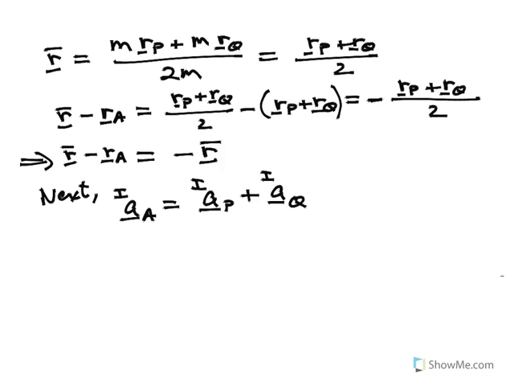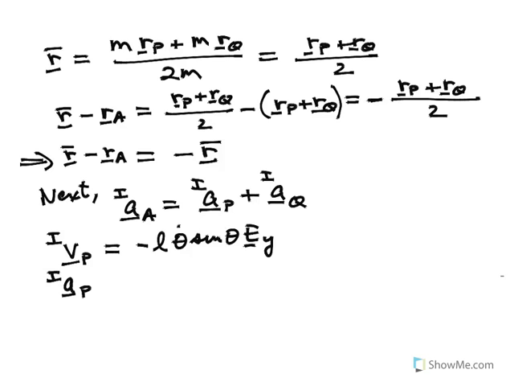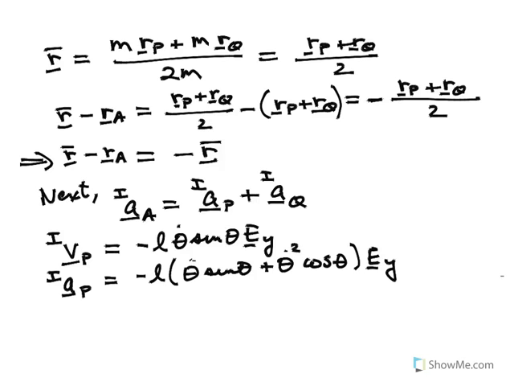The velocity of P in I is equal to minus L theta dot sine theta times Ey. And the acceleration of P in I is equal to minus L times theta double dot sine theta plus theta dot squared cosine theta times Ey. So that takes care of point P.